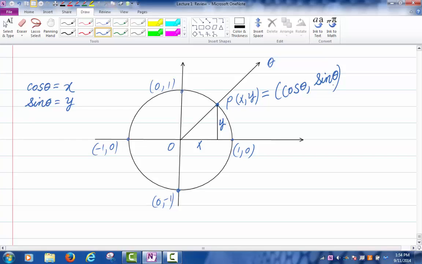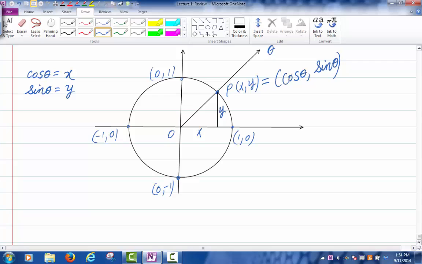But from here we can also come up with a couple of special values. What's the value of cosine theta when theta is 0? So what I'm asking is, what is cosine of 0? What is sine of 0?